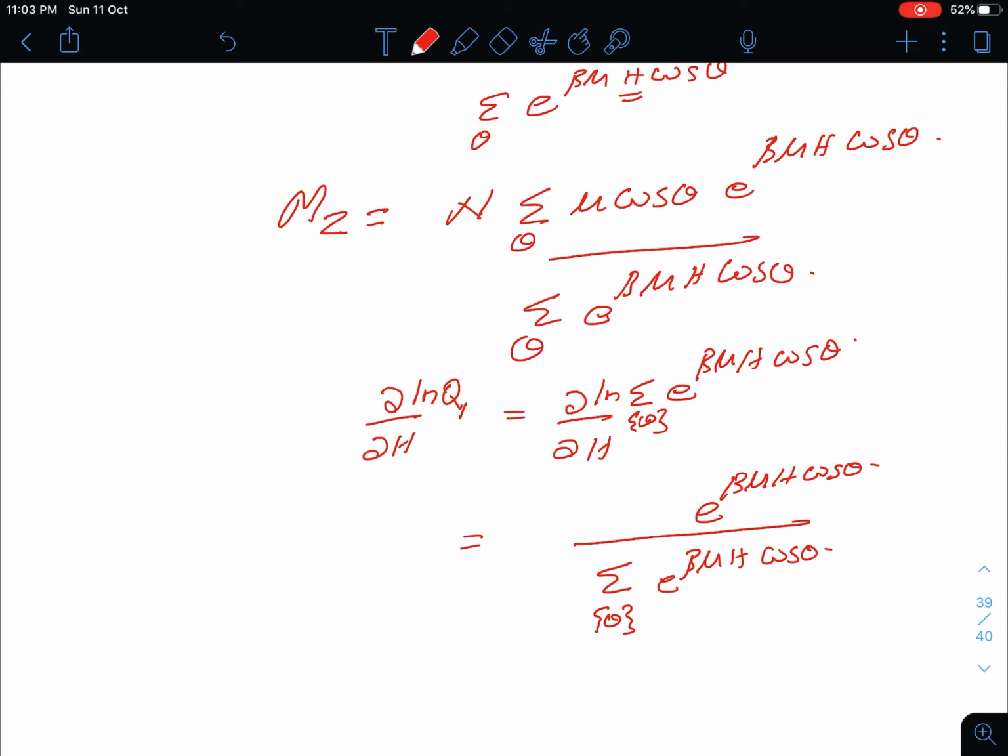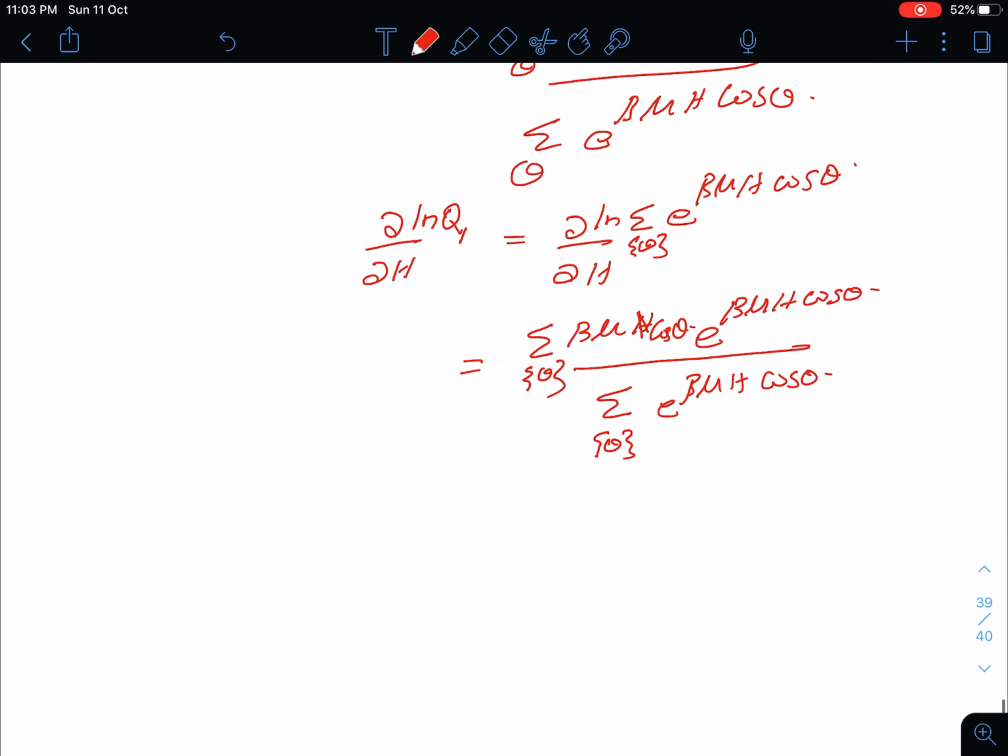So our derivation is with respect to h, so what you get is beta mu cos theta, and for every h you have theta, so that is sigma theta.